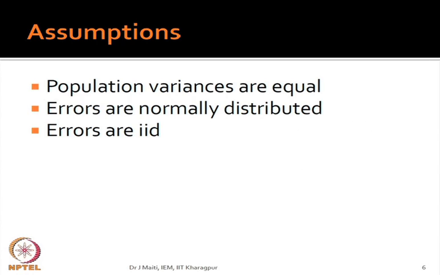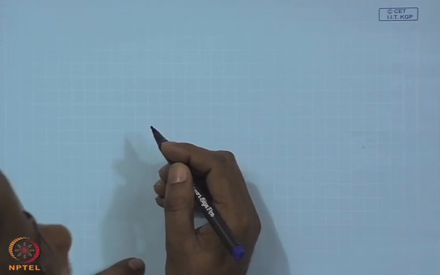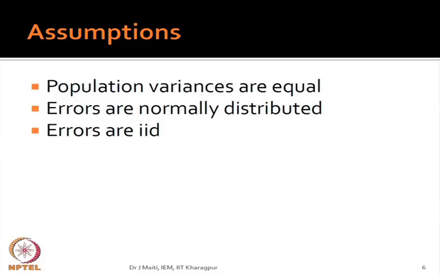Like other multivariate models, ANOVA comes under univariate model. Like any statistical model, ANOVA also requires certain assumptions to be satisfied. These assumptions are: population variances are equal.